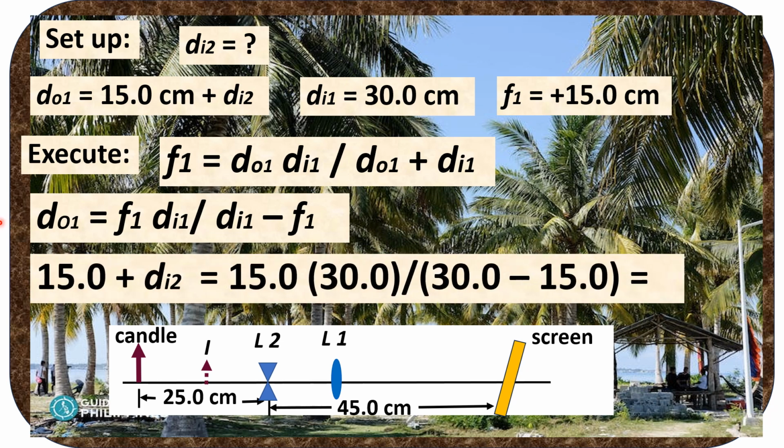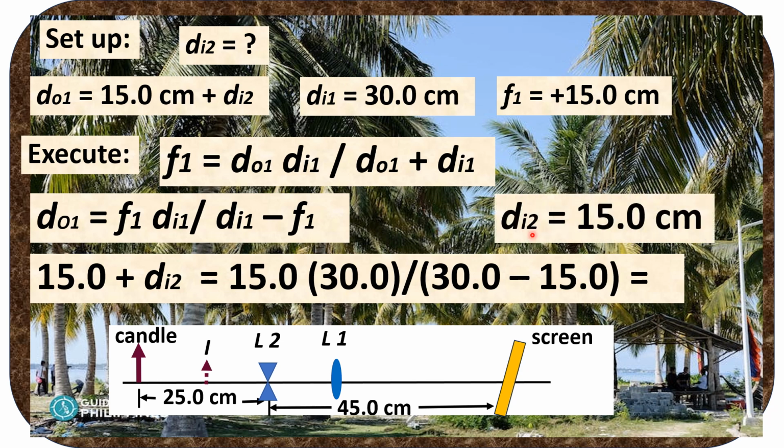That is 15.0 centimeters plus d sub I2 equated to the product of f sub 1, which is 15.0 centimeters, and d sub I1, which is 30.0 centimeters, to be divided by d sub I1, which is 30.0 centimeters, minus f sub 1, which is 15.0 centimeters. And so doing our math, we will be able to get the value of d sub I2 equal to 15.0 centimeters.